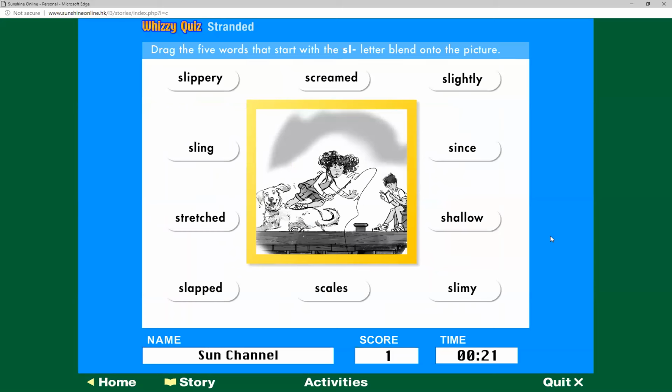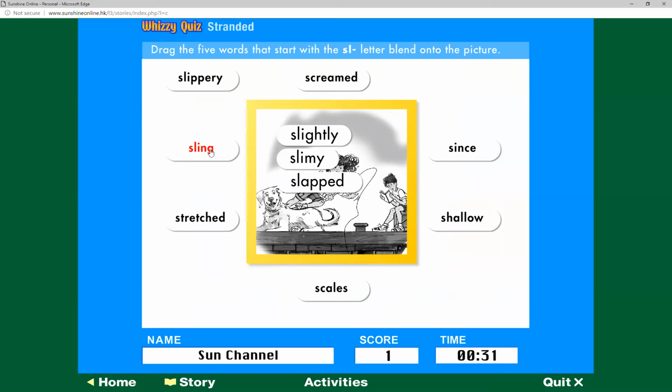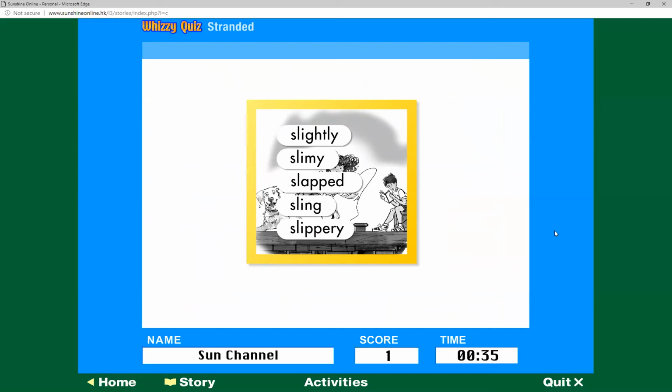Drag the 5 words that start with the sl letter blend onto the picture. Yes. Slimy, slippery, slightly, slapped and sling start with the sl letter blend. Excellent.